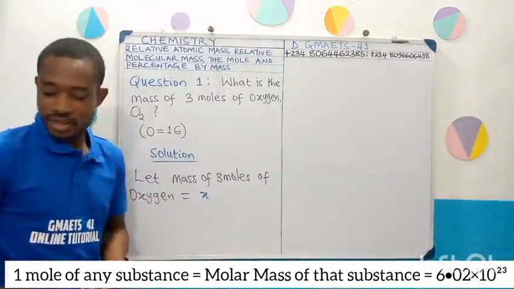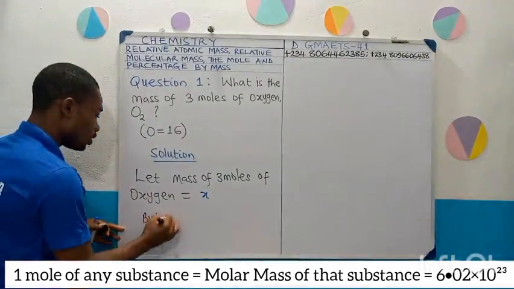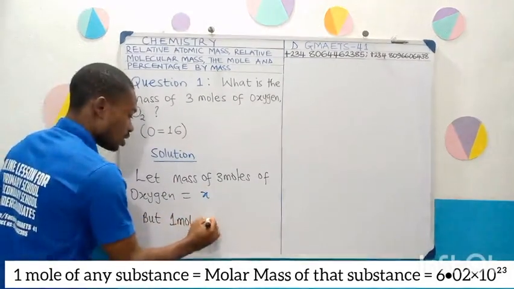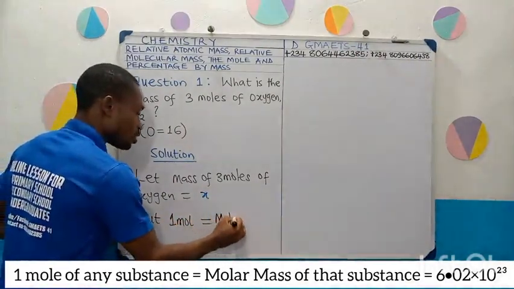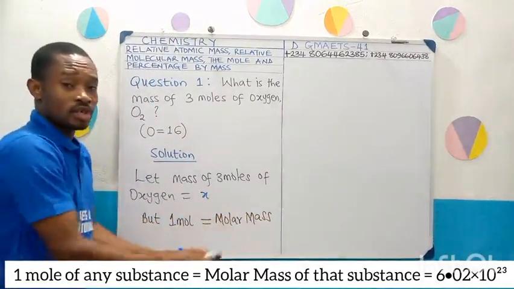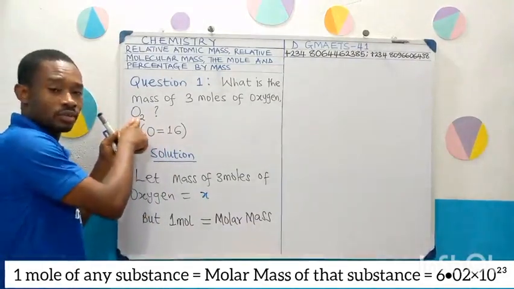But as a standard, we know that 1 mole of any substance is equal to the molar mass of that substance. This is the standard. So what will I do? I will come here. What is the molar mass of this oxygen given to me?